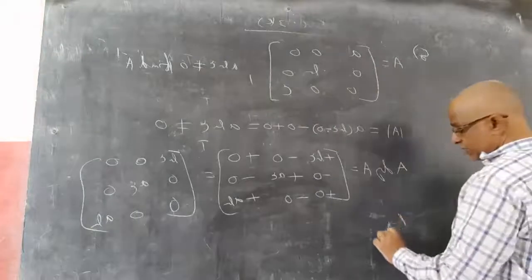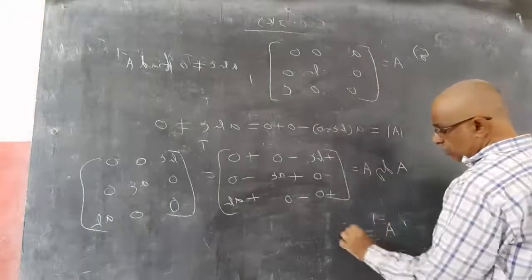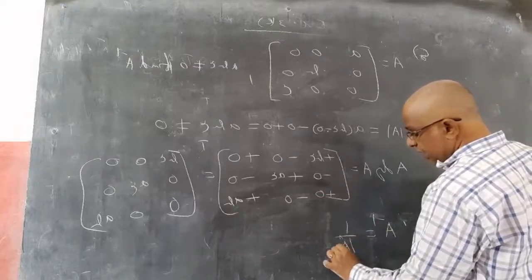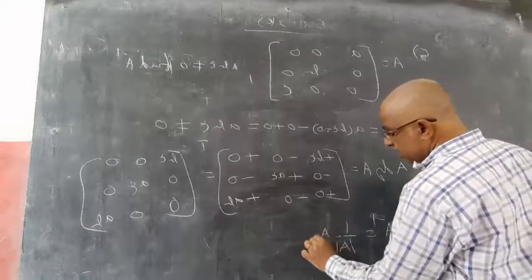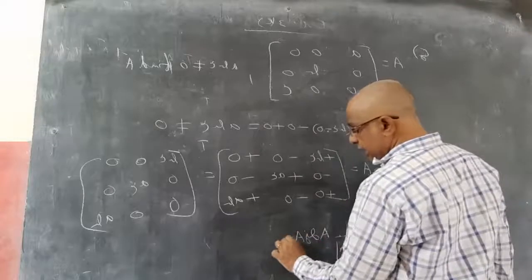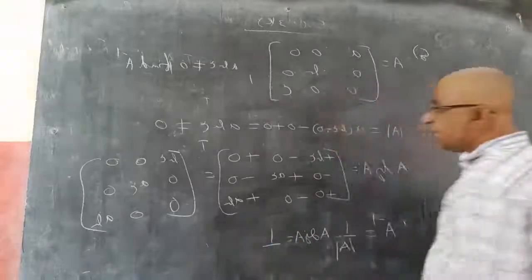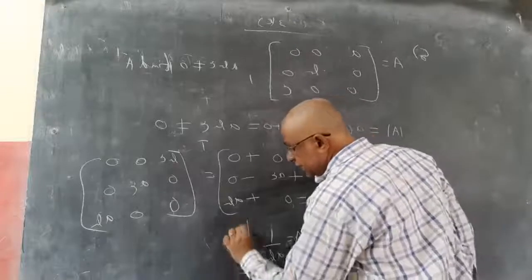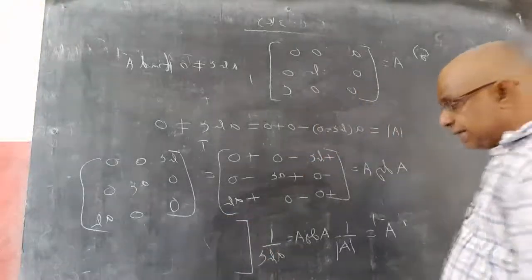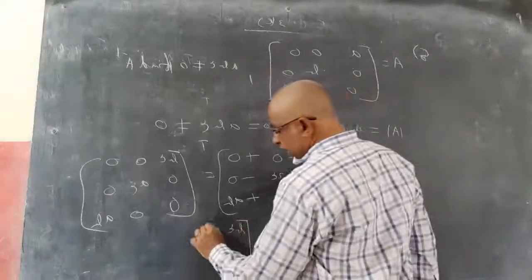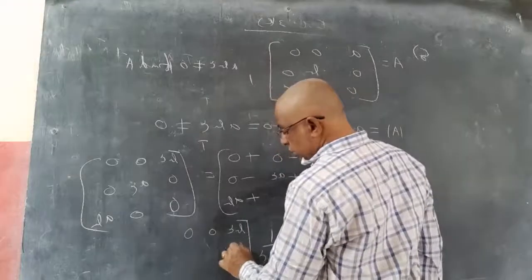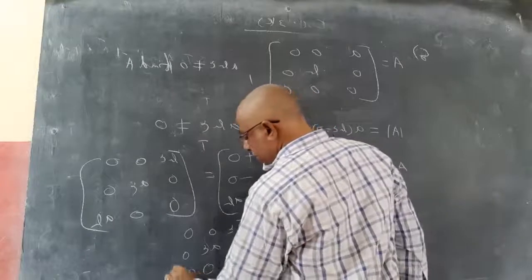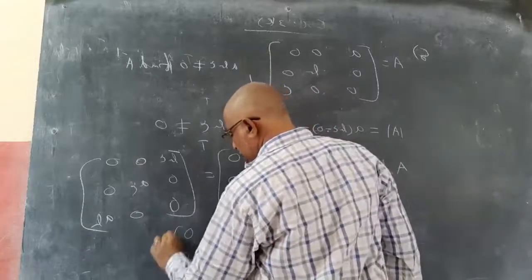Now I need A inverse. A inverse equal to 1 by det A into adjoint A. That is 1 by ABC into adjoint A, which is BC 0 0, 0 AC 0, 0 0 AB.